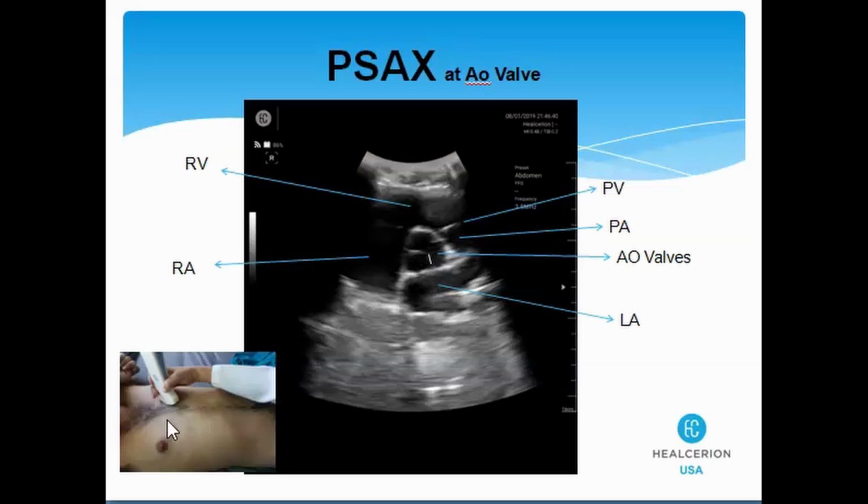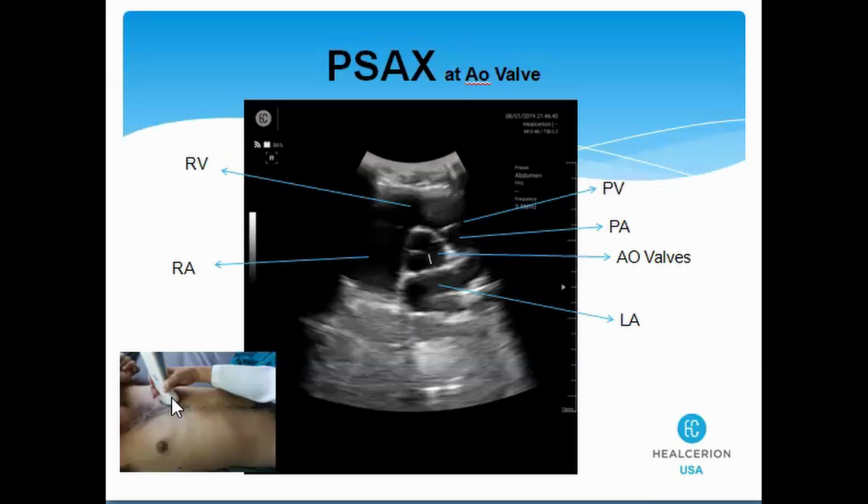When you move your probe a little bit in the same plane, with the indicator pointing toward the patient's right hip, you will see the transverse or short axis view at the aortic level. So in this view you get a lot of information about many structures.